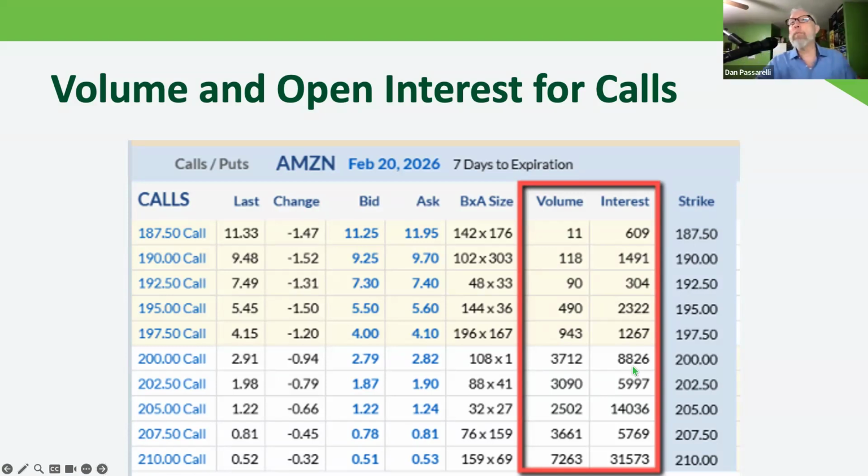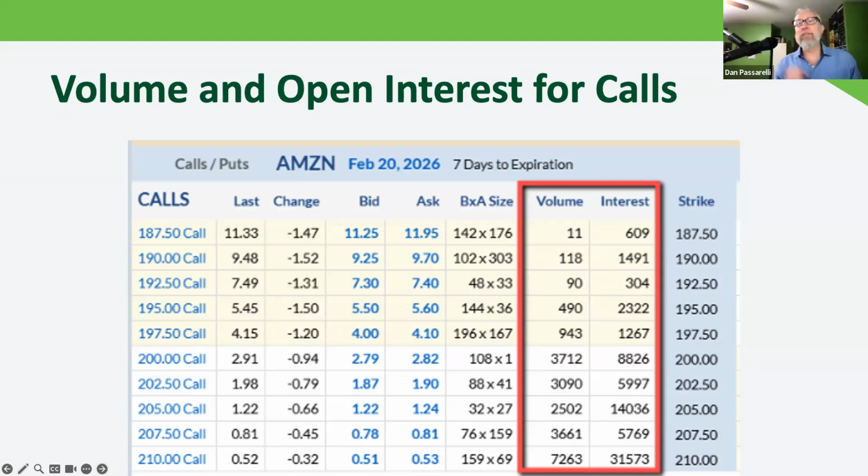What about the open interest? Would that increase or not? Well, it might, but then again, it might not.